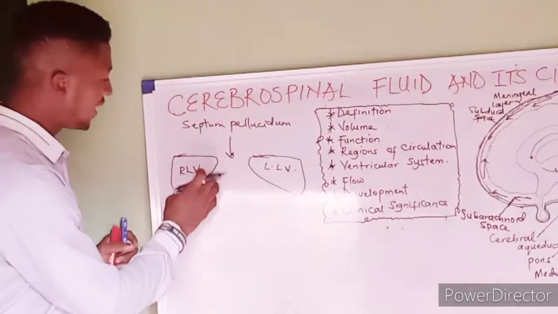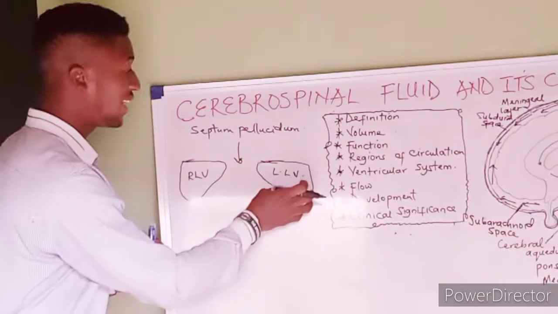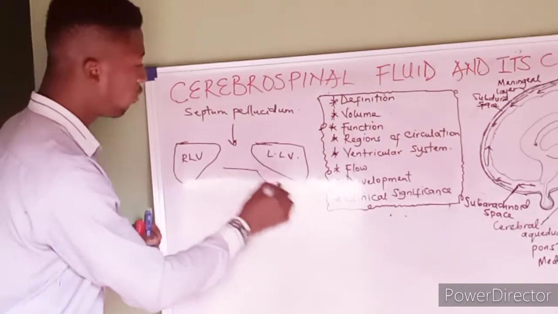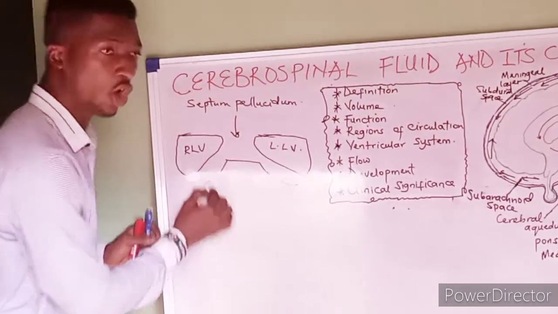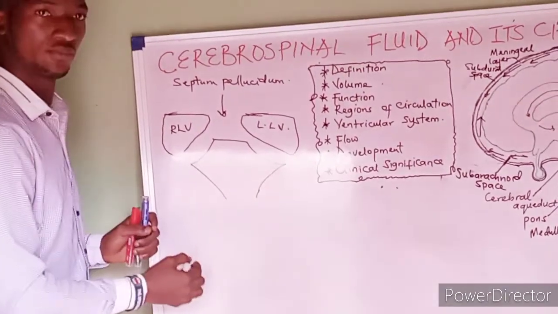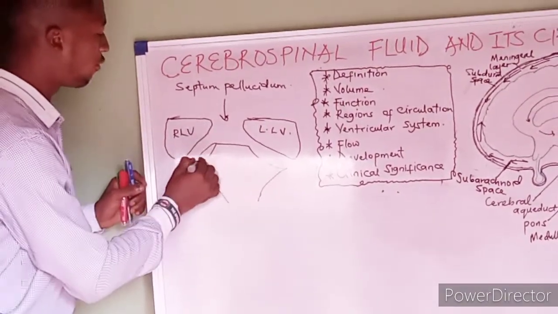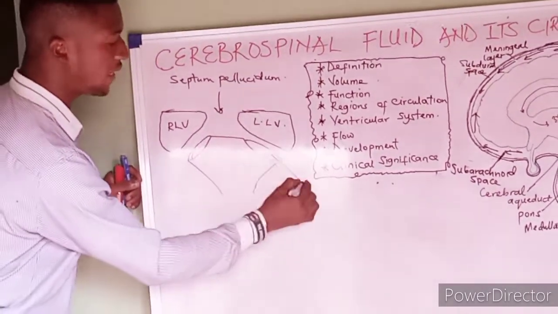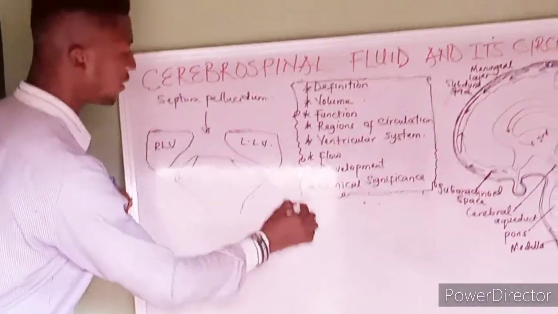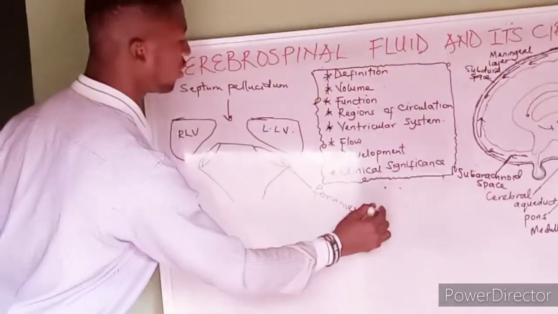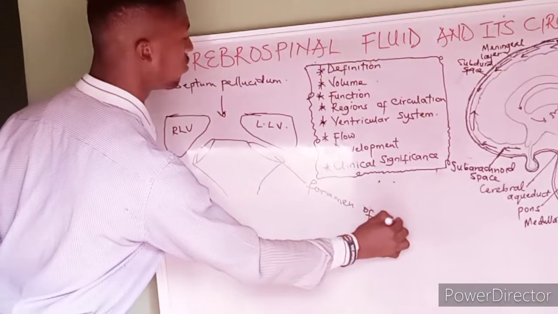However, the right lateral ventricle and the left lateral ventricle communicate. They both communicate with the third ventricle through a foramen. This foramen is called the foramen of Monro.